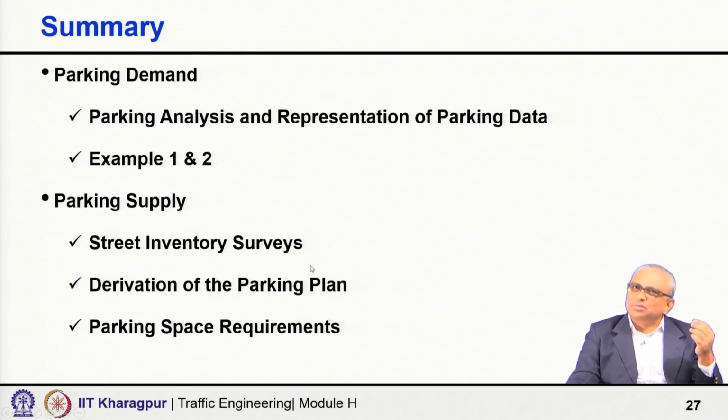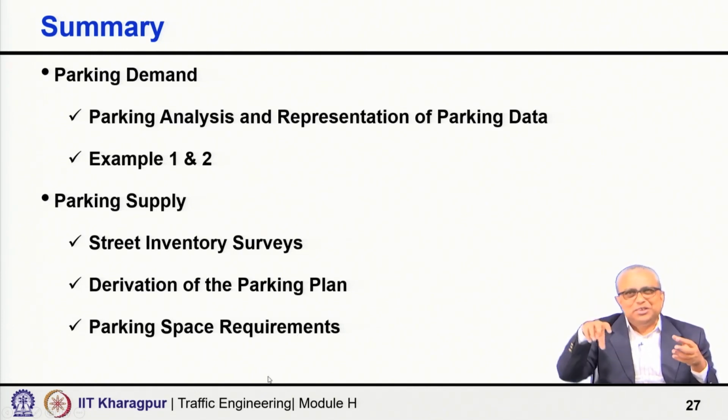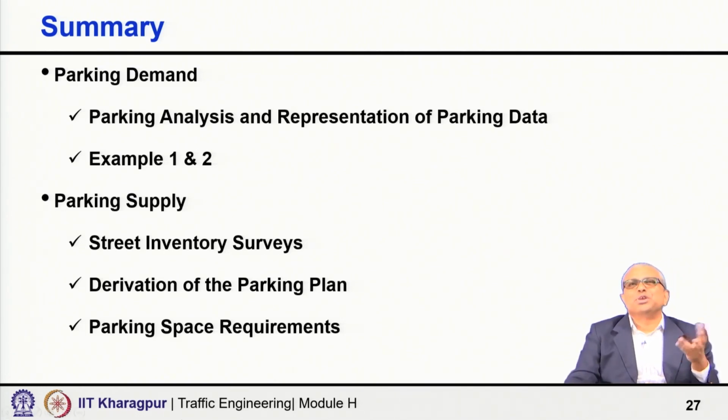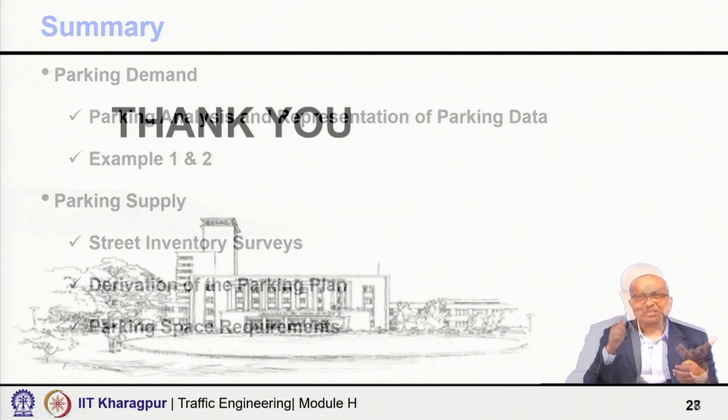Why we do the street inventory survey, what we try to get out of it, basically to prepare a base map which is realistic, and then how we can decide the parking supply or derive the parking plan, and then finally also mention the parking requirement depending on parallel, angular or perpendicular, how the space requirements are going to change. So, with this I close this lecture. Thank you so much.